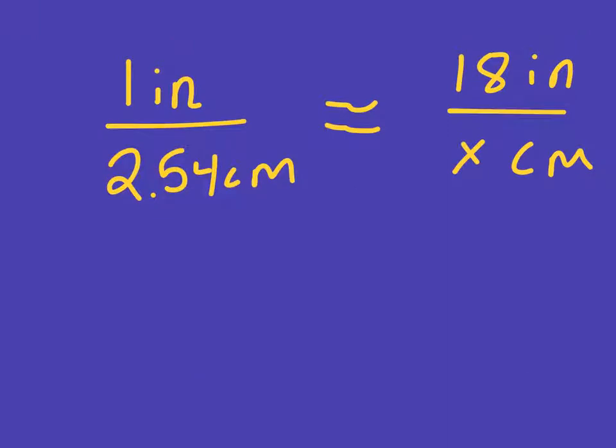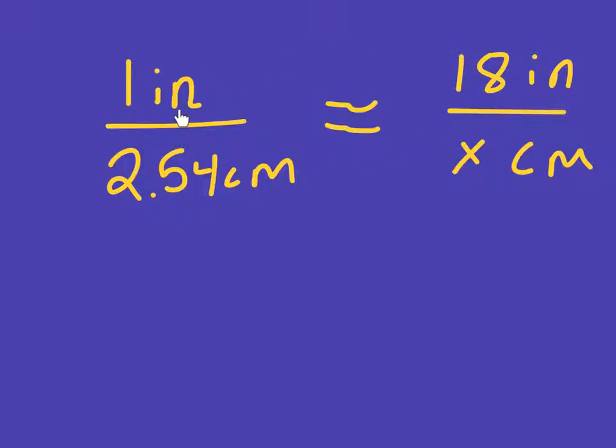Okay, I've set up a proportion here for method 2. Same exact problem that we just did, which is number 3 on page 32. In this proportion, remember, I have my conversion factor. I put inches over centimeters. Now if you put centimeters over inches over here, that's fine, but remember the important part is the other side.